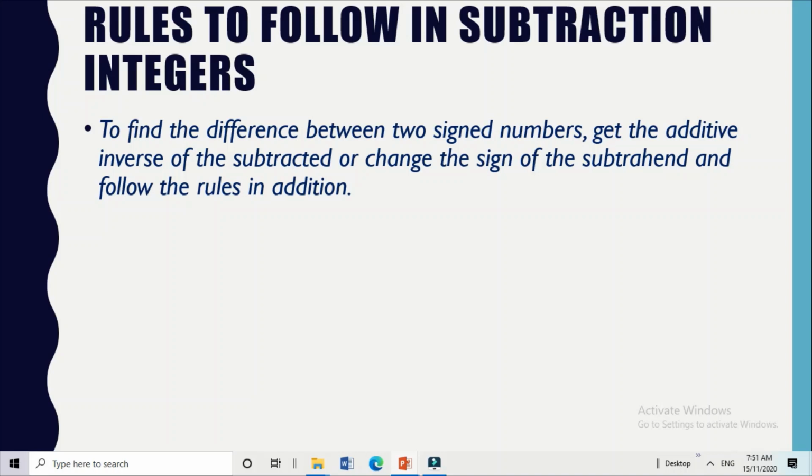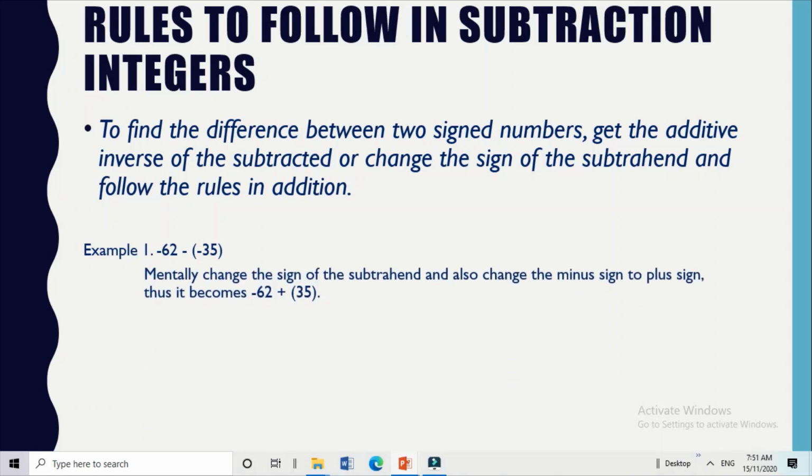Okay, example number 1. Negative 62 minus negative 35. So in your mind, change the sign of negative 35. So it becomes positive 35. And then proceed to addition. Then follow the rules in addition.